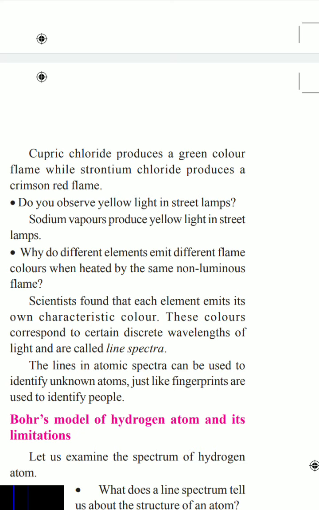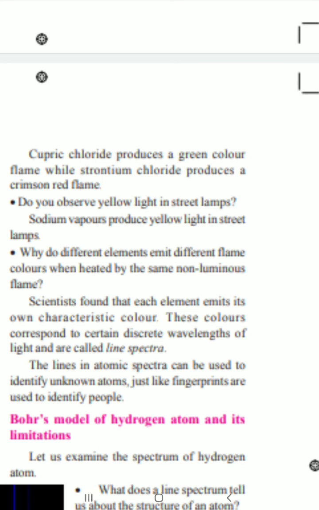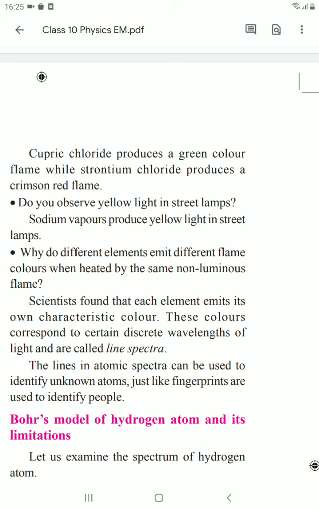See here. If you take a pinch of cupric chloride, it is in powder form actually.